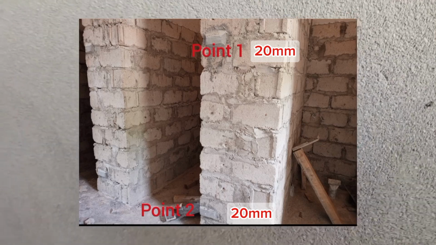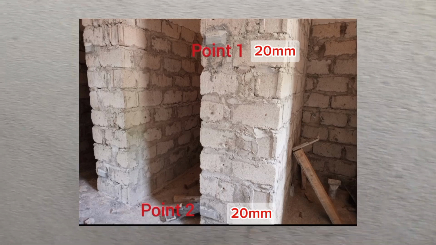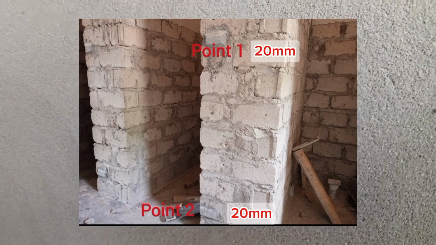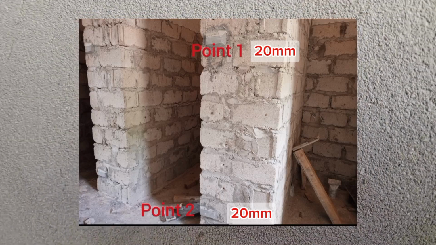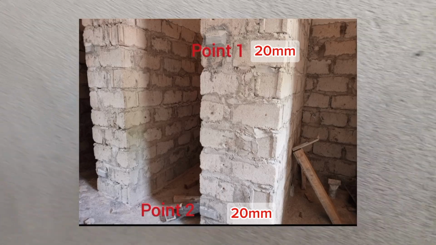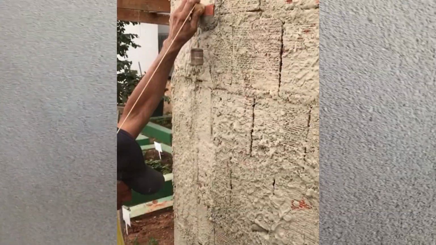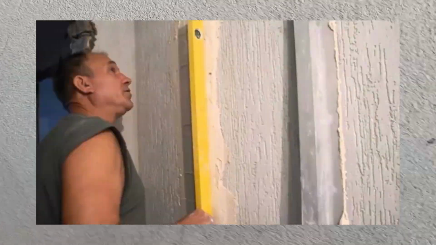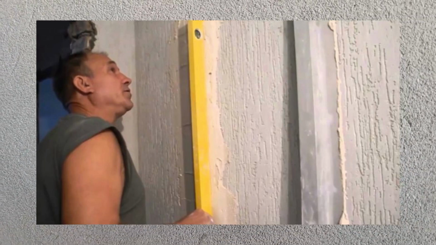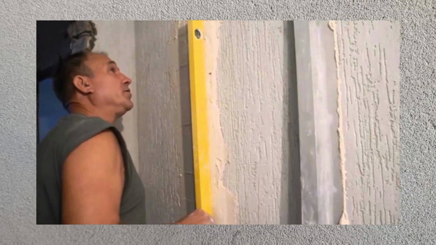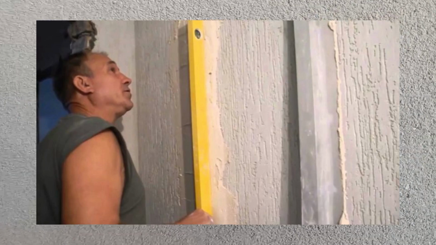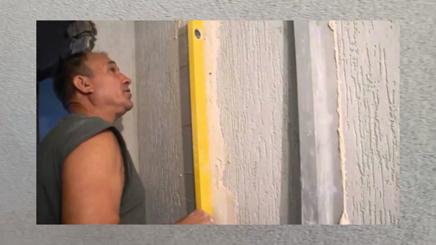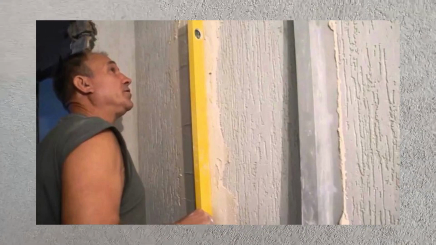Now when you use your plumb bob or your spirit level to check the vertical straightness of the wall, those points should align together. Those points should give you a straight line. If you are using a spirit level, the bubble should settle at the center, then you'll know that those points are straight vertically.